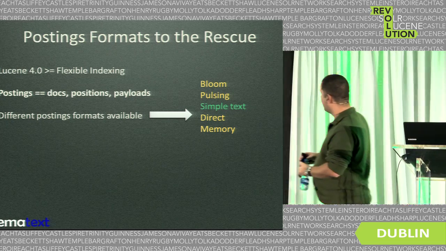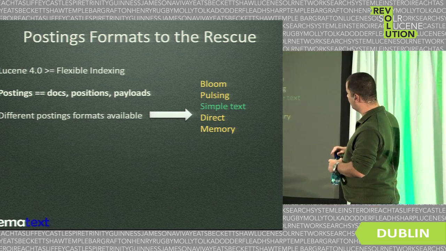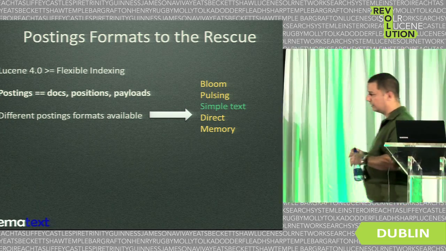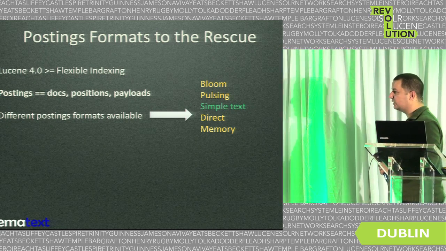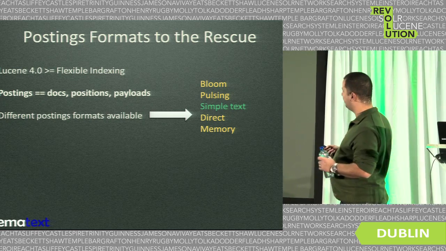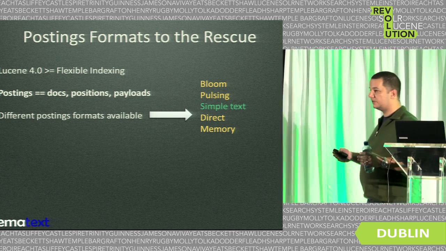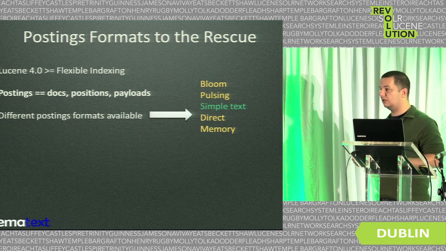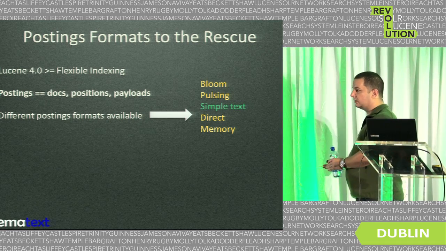Let's start from the Bloom posting format. It's designed so that it has a Bloom filter and allows for a very fast and efficient way to see if a document is present in a given segment.